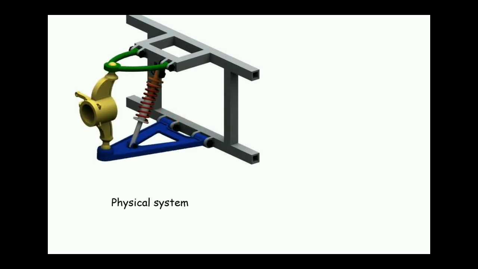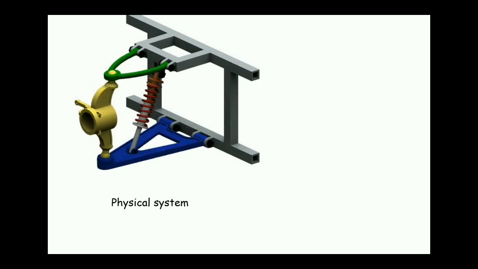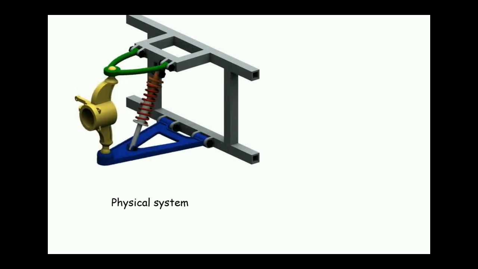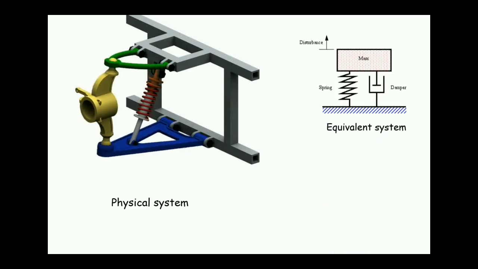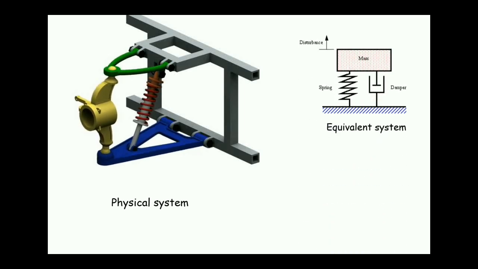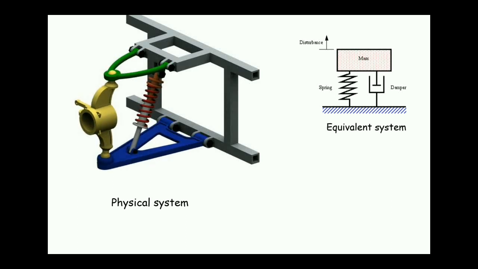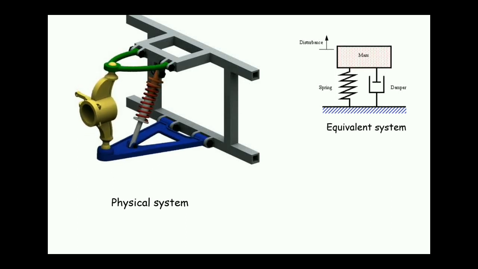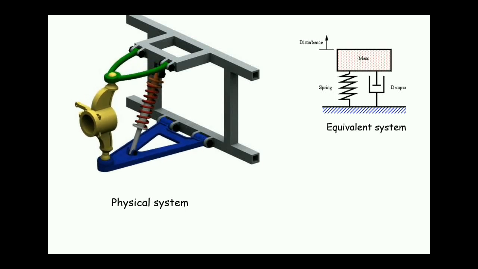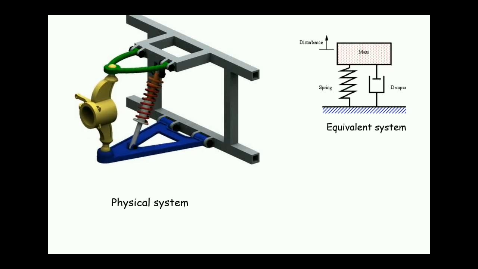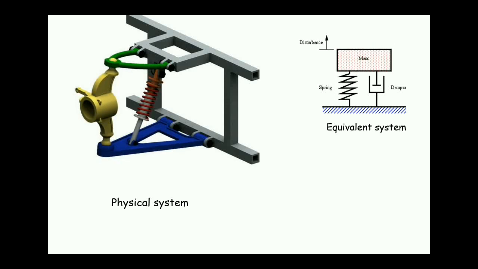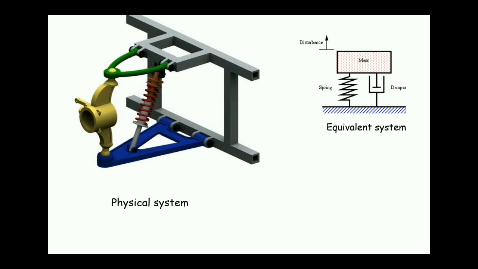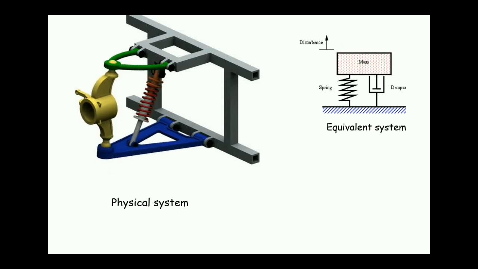Now in order to analyze the system, we need to draw its equivalent spring mass system. So this is the equivalent spring mass system for this physical system. Further, if we want to understand this system, we need to draw its mathematical model.